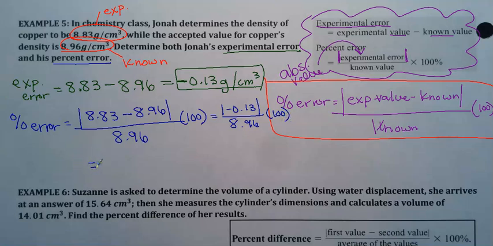So what's the absolute value of negative 0.13? 0.13. Absolute values are always positive. So we have 0.13 divided by 8.96 times 100. All right, and at this point, you can put that in your calculator, right? You can do 0.13 divided by 8.96.